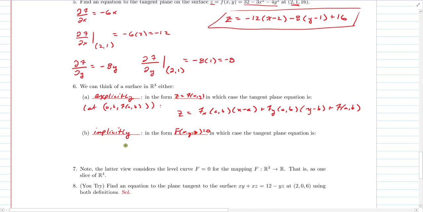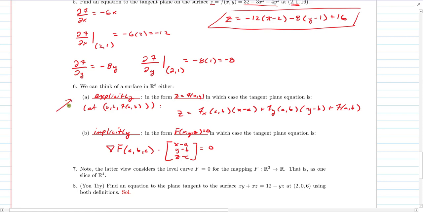Then we can give the equation of the tangent plane this way. It would be the gradient of f evaluated at (a, b, c), and we're going to dot that with (x minus a, y minus b, z minus c), and we want to force that to be 0. This is giving us all of the vectors with a tail at this point that are orthogonal to what we're claiming the normal vector is.